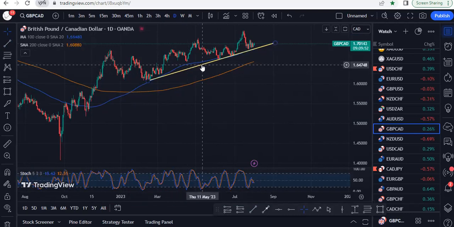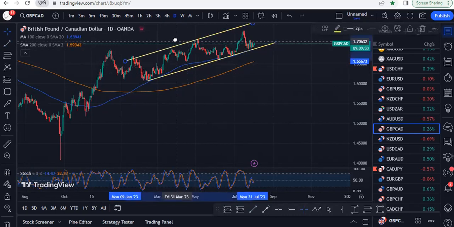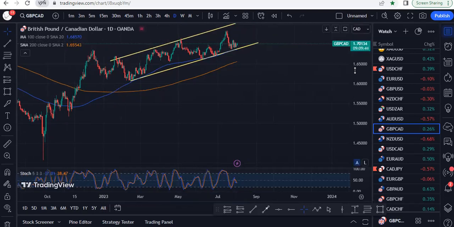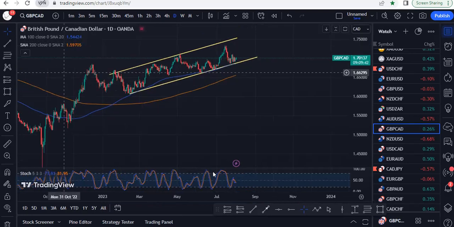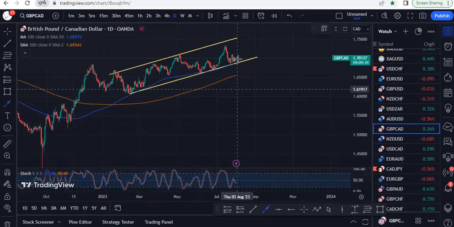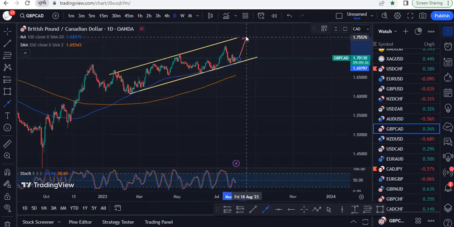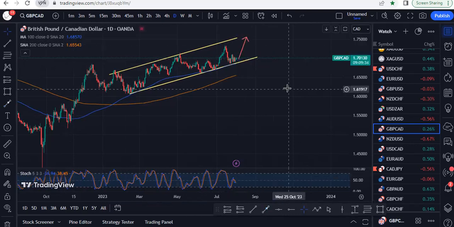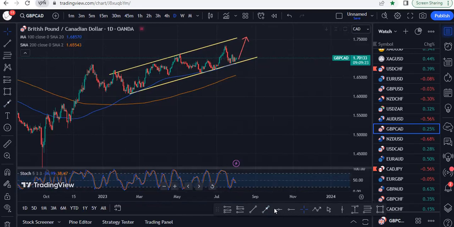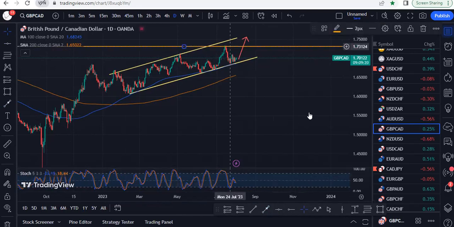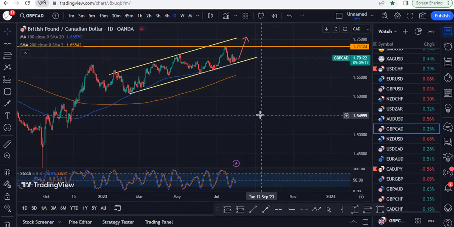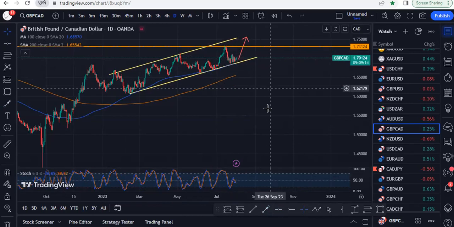If I make it like this, you can see it's about a channel where there's a possibility for the market to move from here to here, which can take days also. So this is the possibility of GBP CAD, which I'm willing to hold longer, but my target could be here. That's why most of the time I take my profit.